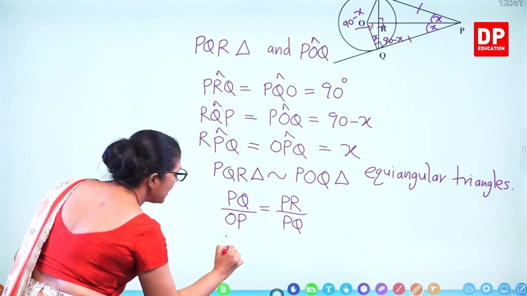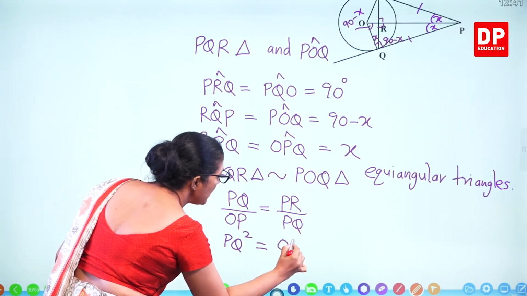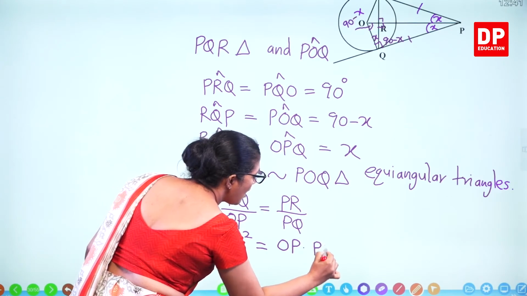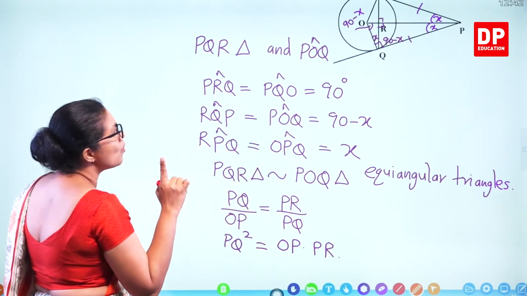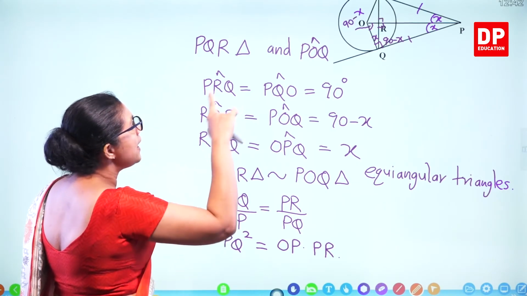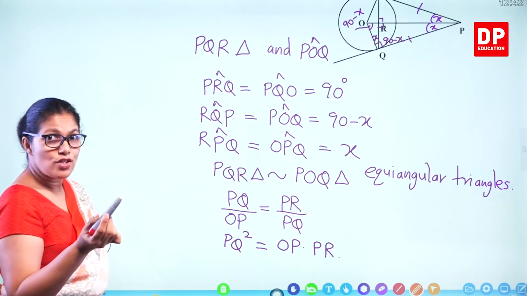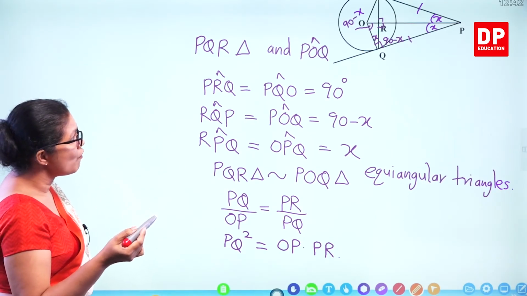So you get PQ squared, PQ into PQ, PQ squared is OP into PR. But we know what PR is? PR is OP minus OR, because in the question you need to write in terms of OR.